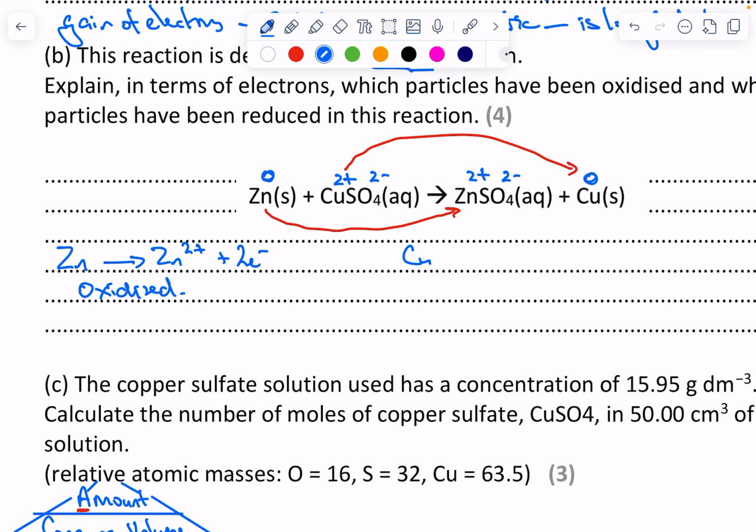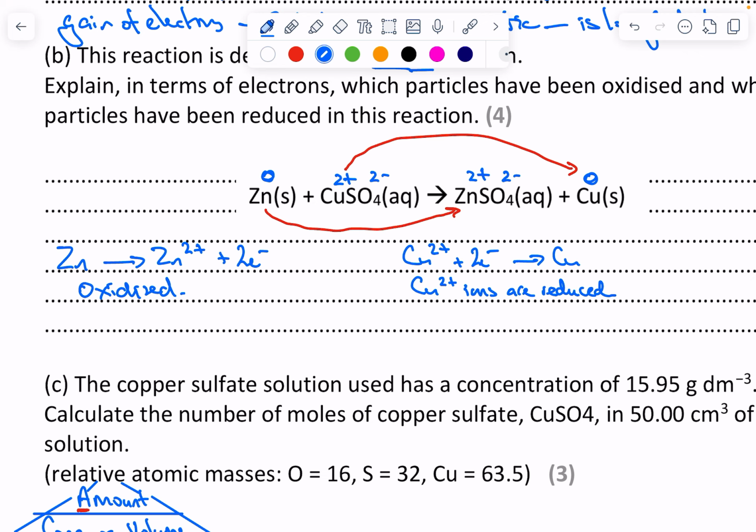So how do I make something that is positive become an atom with no charge? I must add negative electrons to it. So in here now, be careful with this, you've got to say the copper ions are reduced. The copper ions are being reduced. They are gaining electrons.